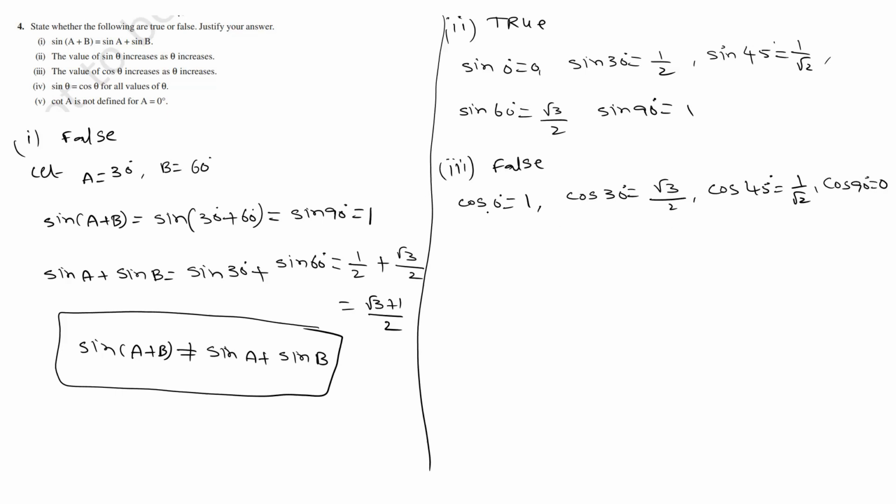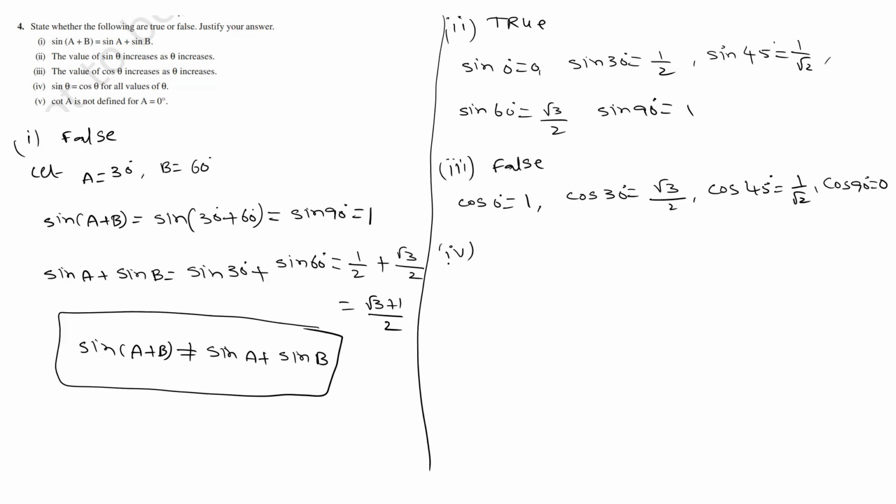So theta is increasing through 0 degrees, 30 degrees, 45 degrees and 90 degrees, but the value of cos is decreasing: 1, root 3 by 2, 1 by root 2, finally we get 0. So this is decreasing here. So that's why this is the false statement.